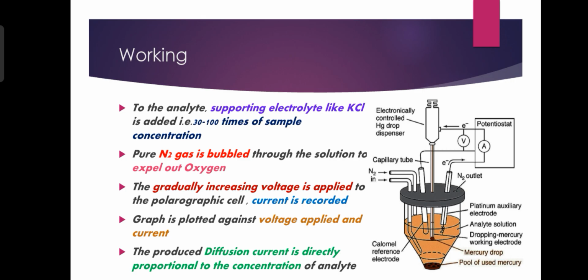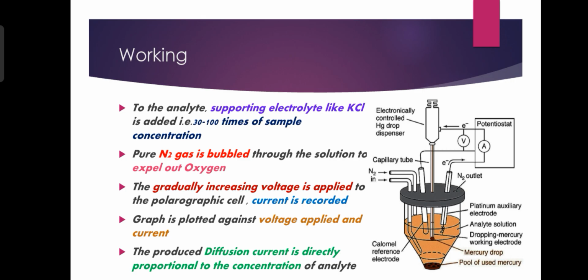The voltage applied through the polarographic cell is gradually increased, and current is recorded. We make the graph between current and potential difference, which is our polarogram, plotted against voltage applied and current. At last, the diffusion current produced in our polarographic cell is proportional to the concentration of the analyte.